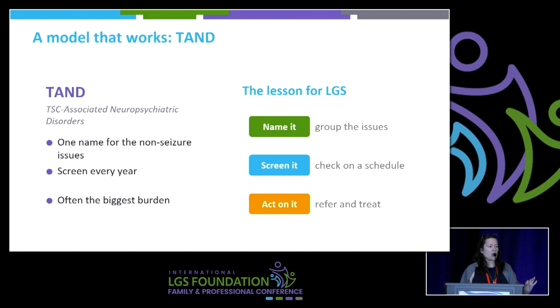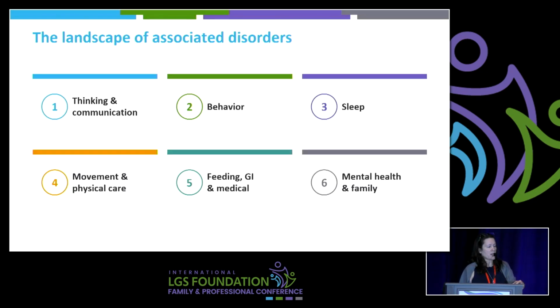They have been doing this for well over a decade, naming all of the conditions. They have tubers throughout their body. Interestingly, about 30% of people who have tuberous sclerosis evolve to develop Lennox-Gastaut syndrome, so there's a huge overlap. But they also have issues with their lungs, wherever these tubers form, and issues with their kidneys, and tubers can form in the brain. We're really learning from them, and they're mentoring us on this.